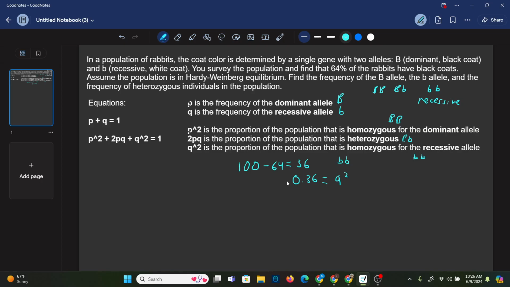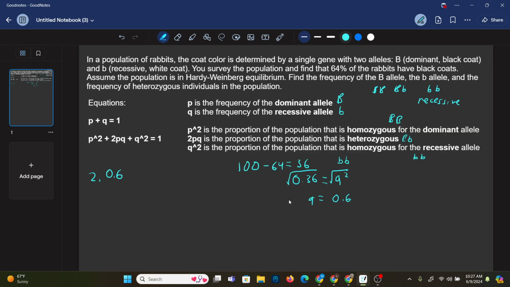To find q, we just take the square root of both sides, and we get q equals 0.6. And so q equals the frequency of the recessive allele, little b. So we already know the answer for the second question: it is 0.6.